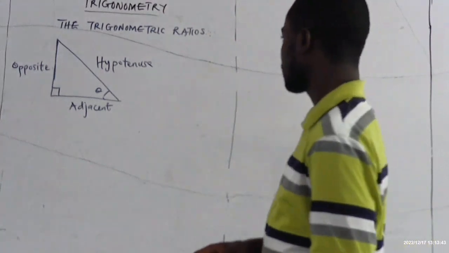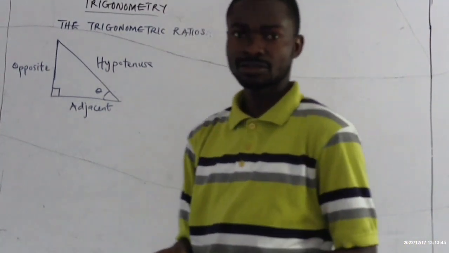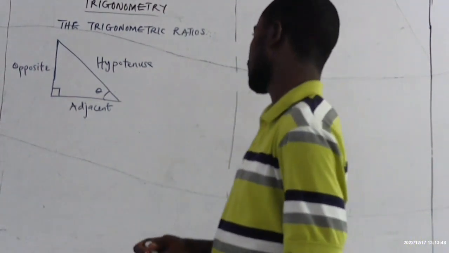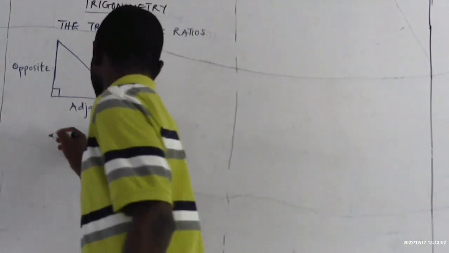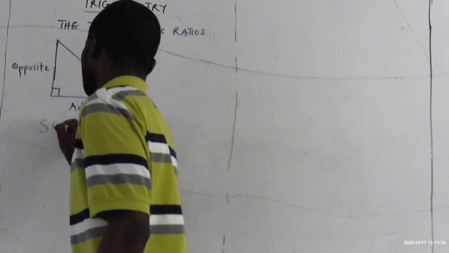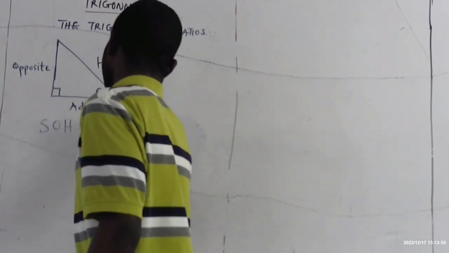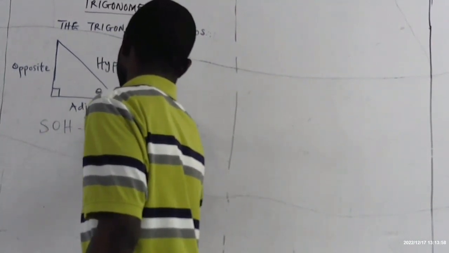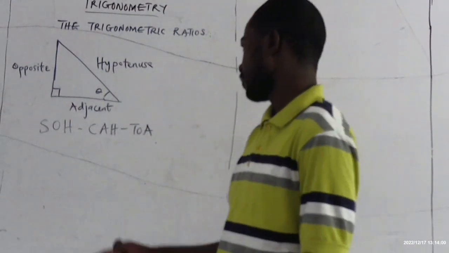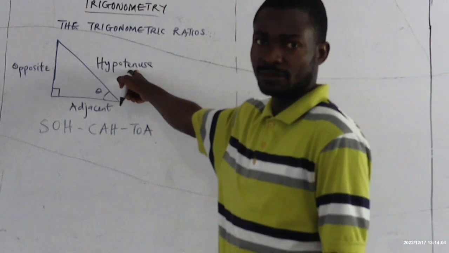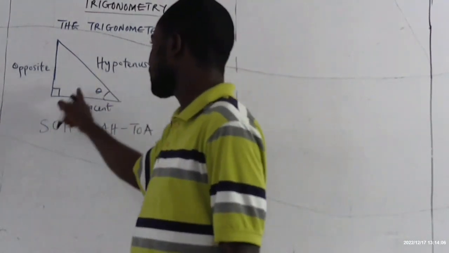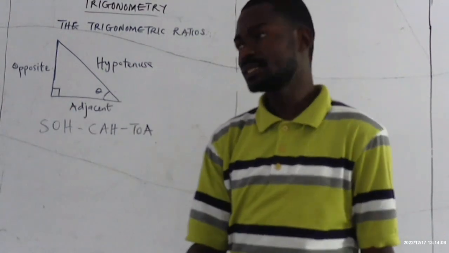Now, in mathematics, there are some ratios that are constant that we know for sure. For example, you know I told you it is SOHCAHTOA. Meaning the ratio of opposite and hypotenuse is called sine of that angle, sine theta.